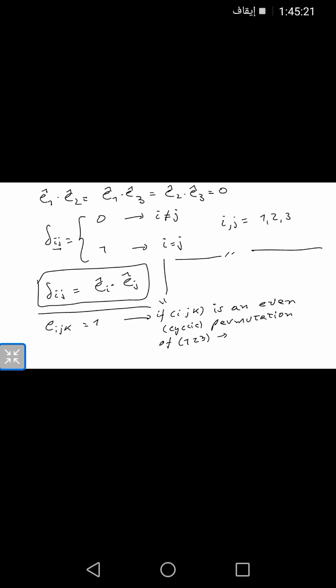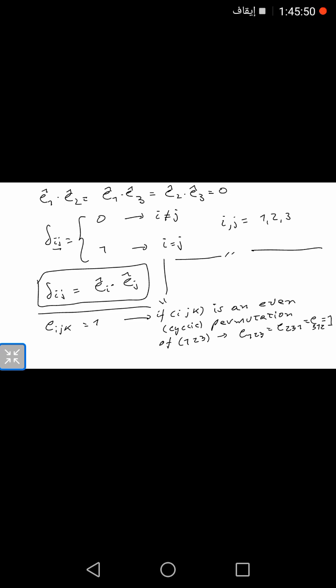I mean, when we have 1 2 3, 2 3 1, or 3 1 2, this is equal to 1.